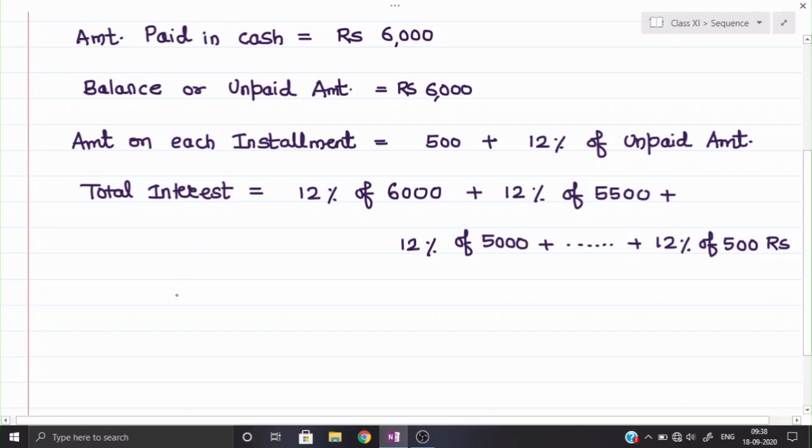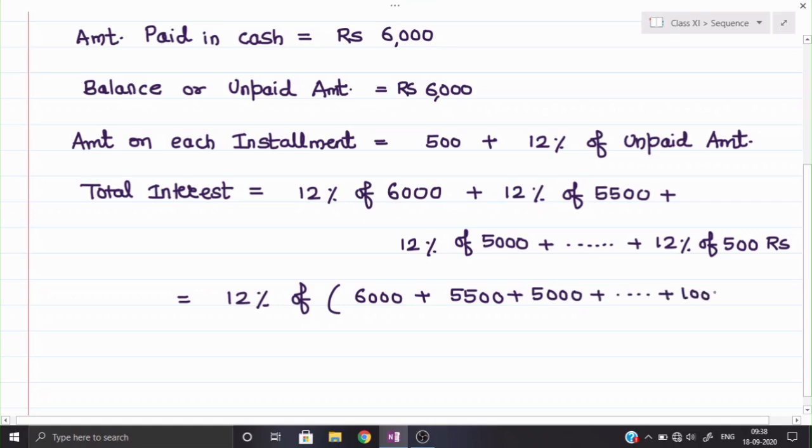So here if I take 12% common, 12% of 6,000 plus 5,500 plus 5,000 plus dash dash dash, it will remain 1,000 plus 500.